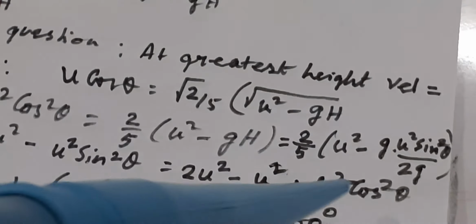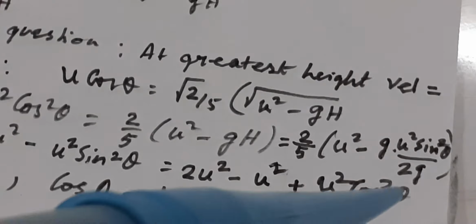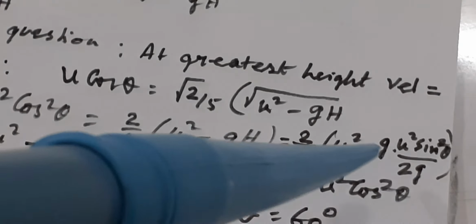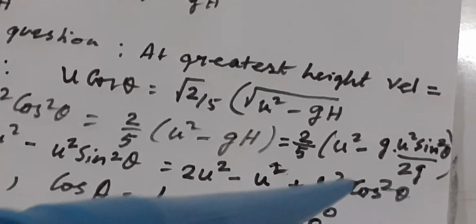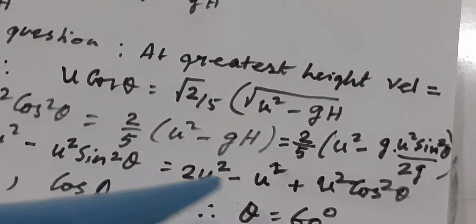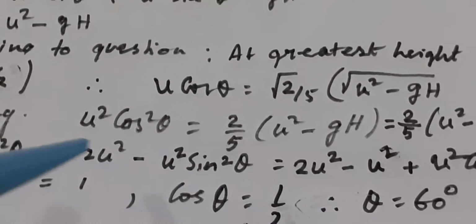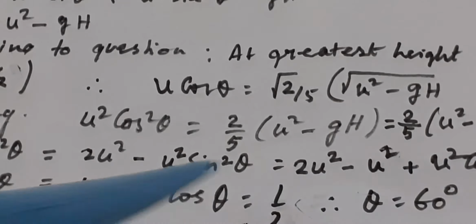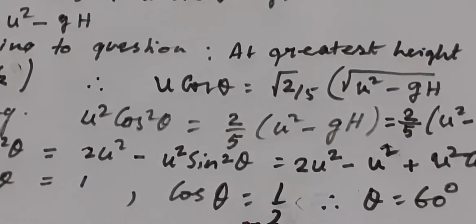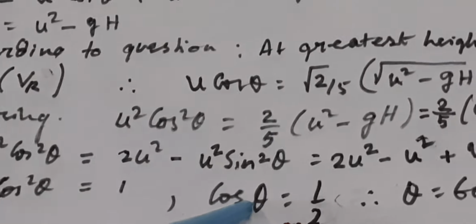U square take out, 1 this will come to g here. You will then simplify, just LCM simplify here. You will get this equation. This one will be available. Now from here you can see 4 cos square theta equal to 1 will come.